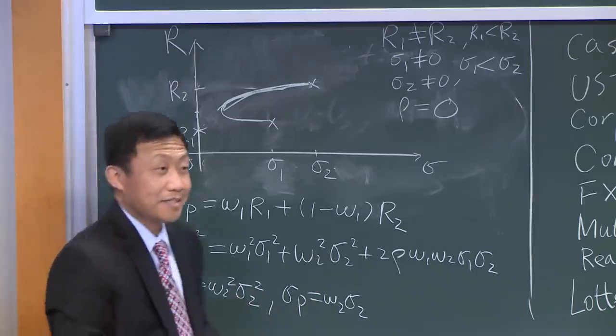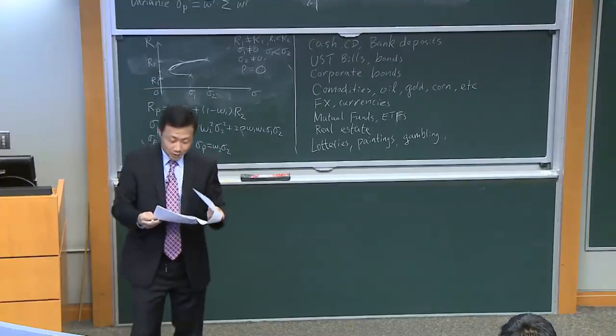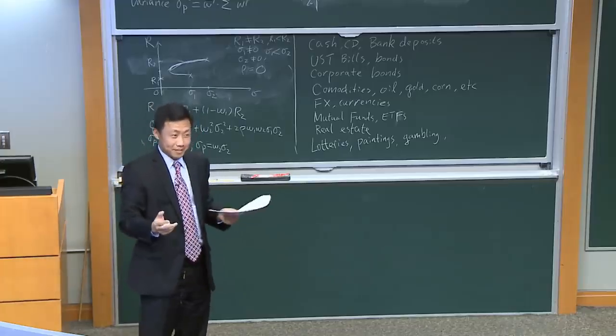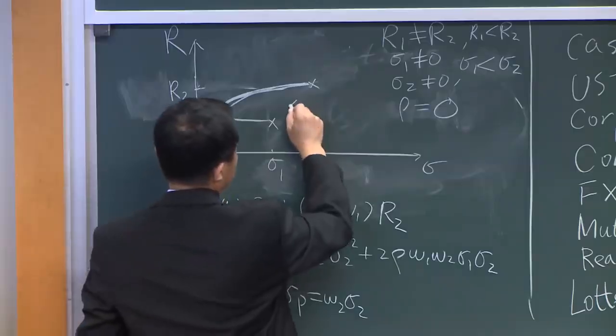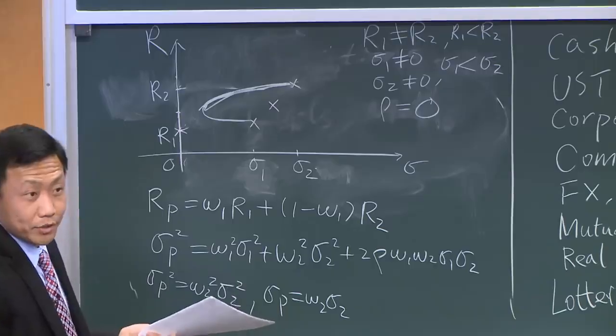I think that's enough examples of two assets for the efficient frontier. So you get the idea. So then what if we have 3 assets, right? Let me just touch upon that very quickly. If you have one more asset here, essentially you can solve the same equations.